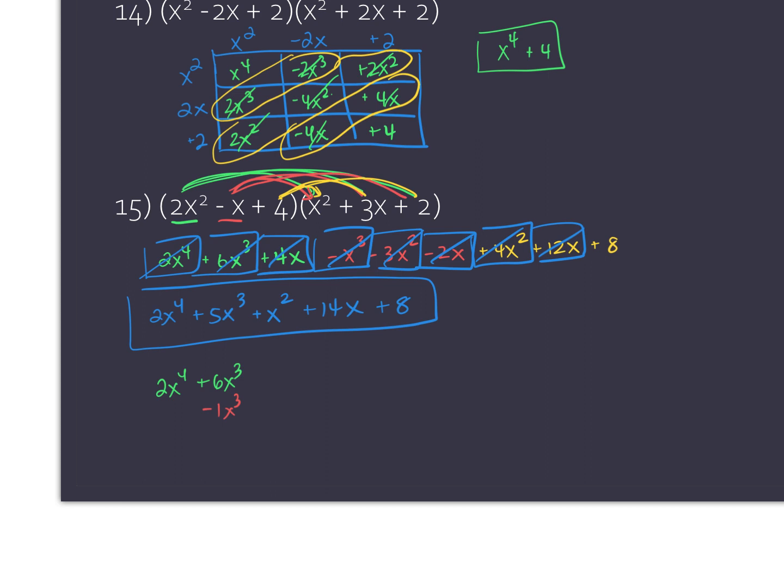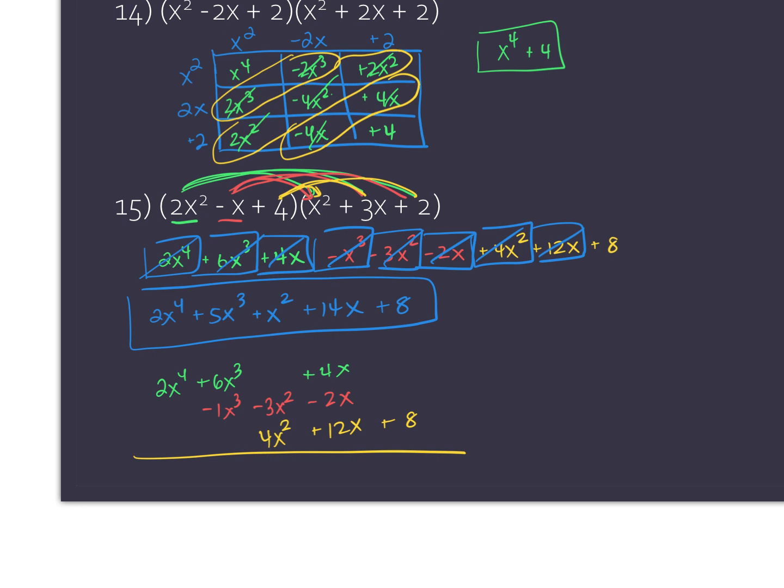This is a little tricky because there were some missing terms, but I would have done the plus 4x there. I would have left a little space, right? And then when I got to the next one and I did the minus 3x squared, and then I would have gotten to the minus 2x. And then when I got to the yellow section and I got the 4x squared, and I had the 12x, and I had the 8, I would have done it more like that.